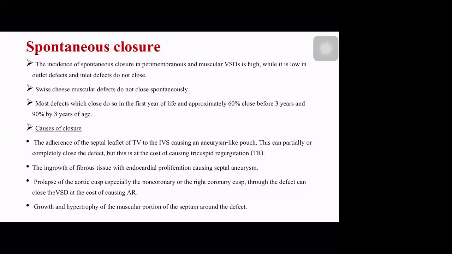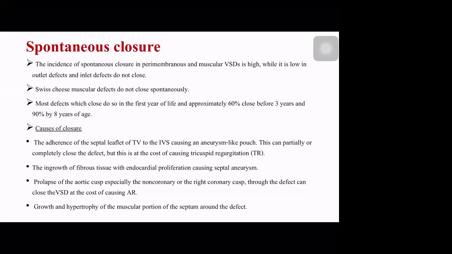Now, what are the causes of spontaneous closure of the ventricular septal defect? Number one, the adherence of the septal leaflet of the tricuspid valve to the interventricular septum, causing an aneurysm-like pouch. This can either partially or completely close the defect, but at the expense of causing tricuspid regurgitation. Number two, the ingrowth of fibrous tissue with endocardial proliferation, again causing septal aneurysm.